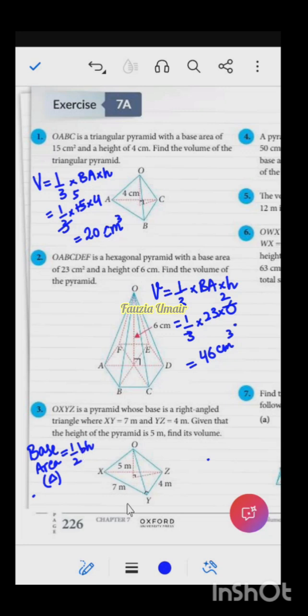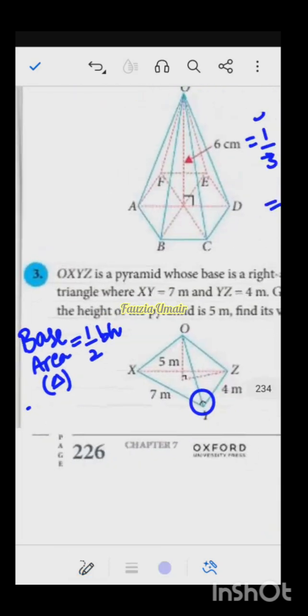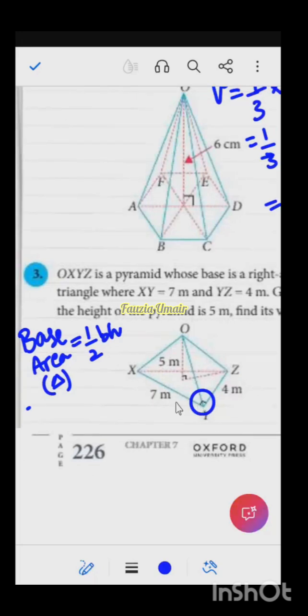Now see, you need to use the base. Can you see this 90 degrees on Y? If not, I will zoom in. Yes, so this is the triangular base XYZ. In this triangular base, 7 is the height and this is the base. We will just put the values and find the base area: half into 7 multiplied by 4, so this is 14 meter.